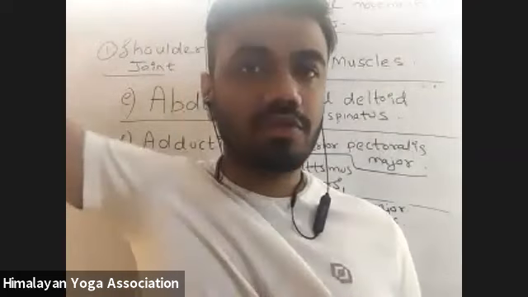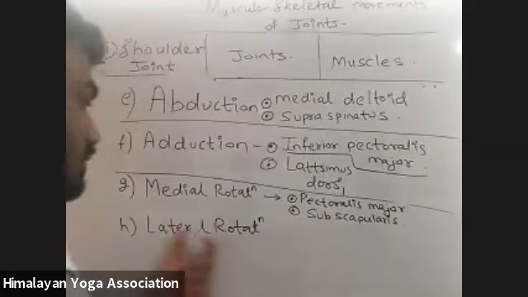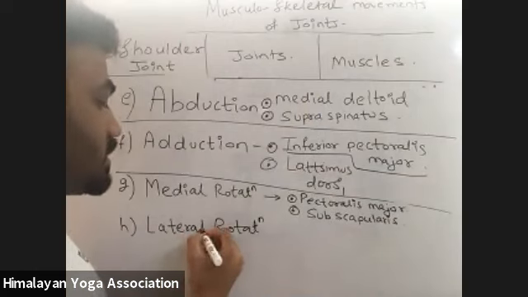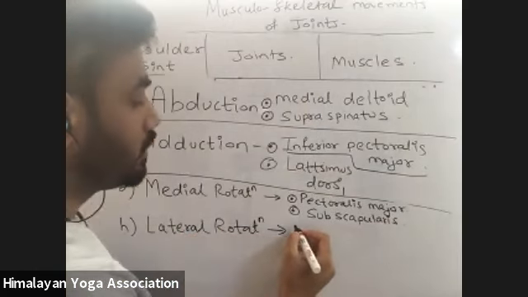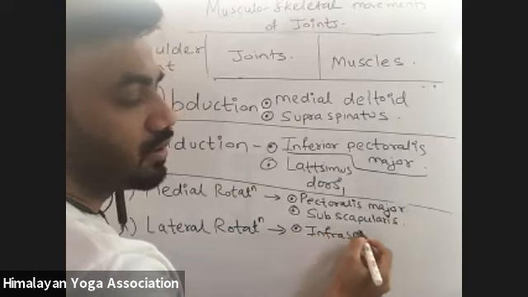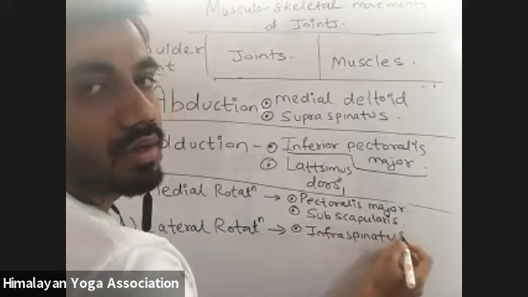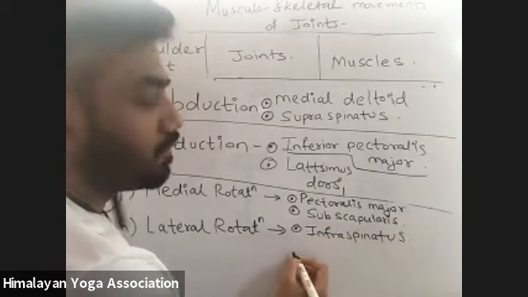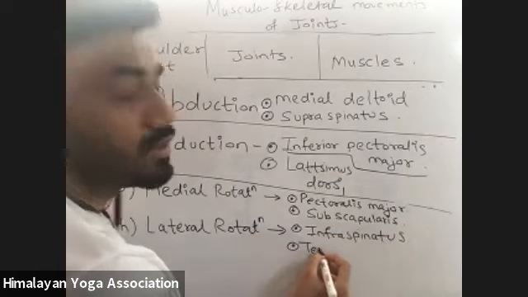Lateral rotation of the shoulder joint is helped by the infraspinatus muscle, along with the teres minor muscle.